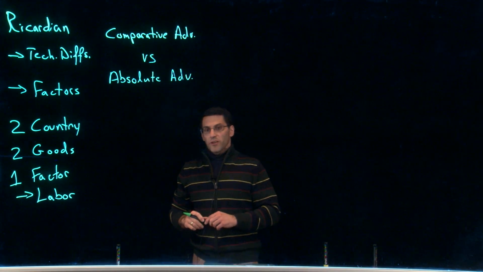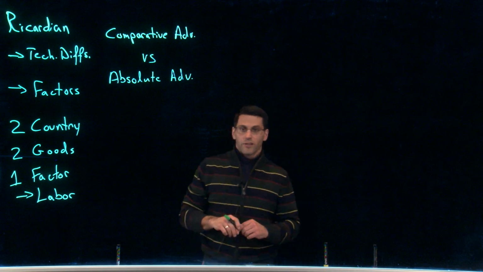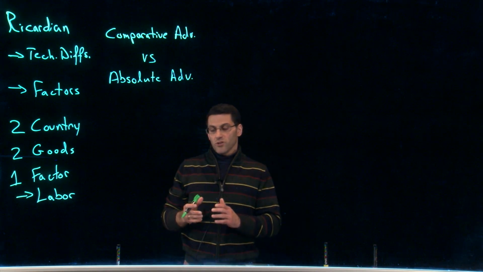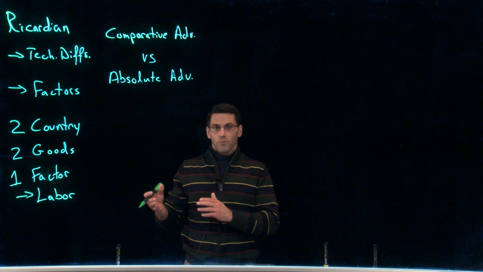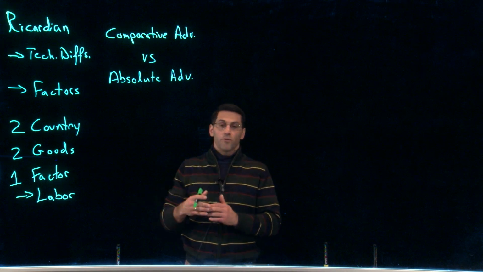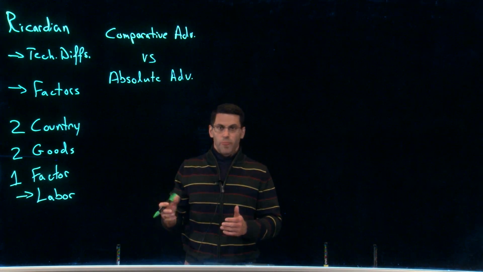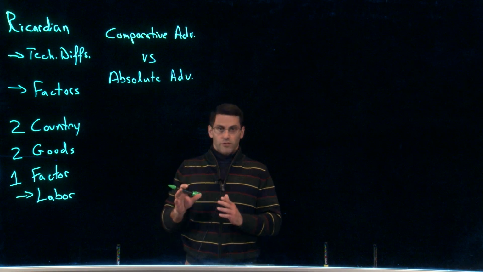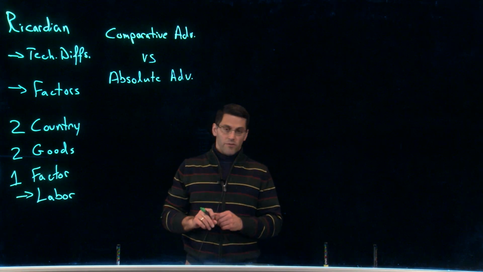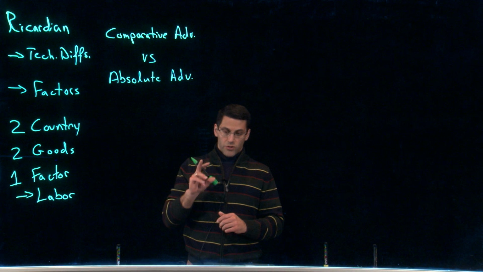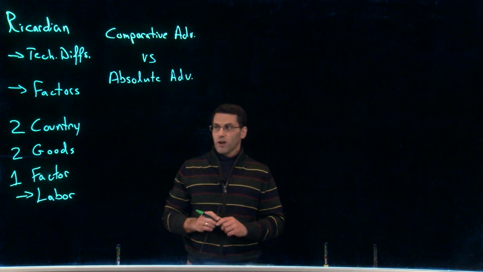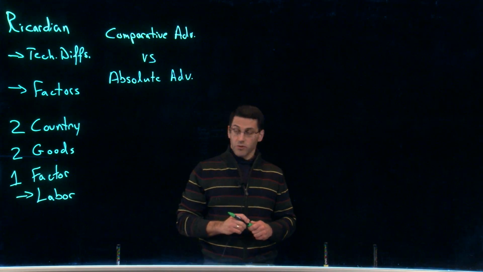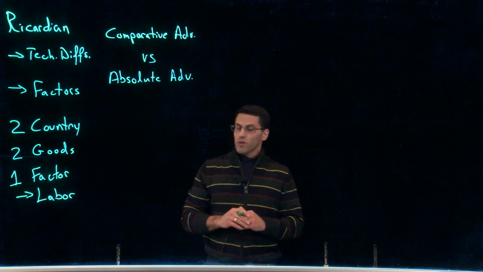Absolute advantage refers to a country being just flat out more productive, being able to produce something with fewer inputs at lower cost. So it's a direct comparison. Whereas comparative advantage is a relative comparison. I want you to hold that in your mind, and we'll talk about this in the context of a specific example.